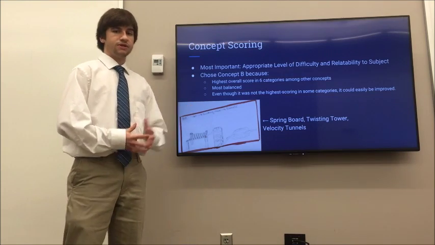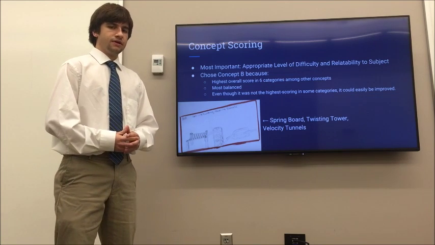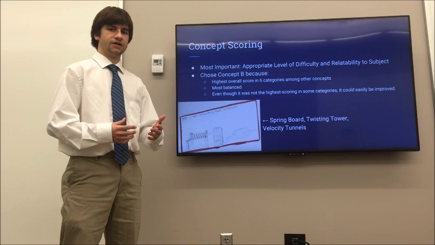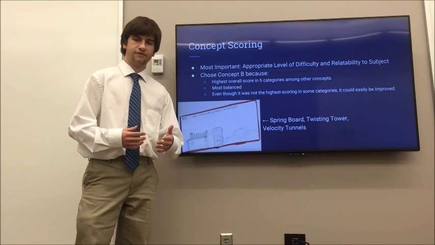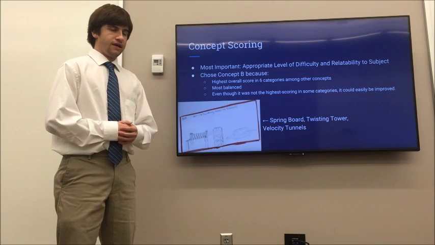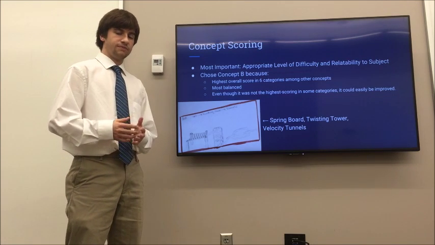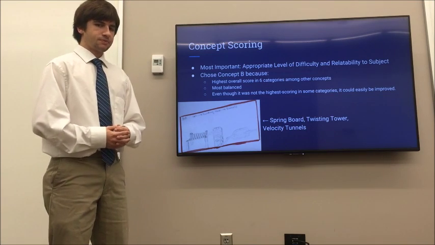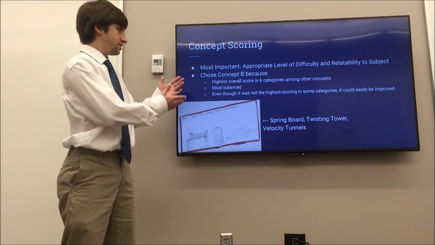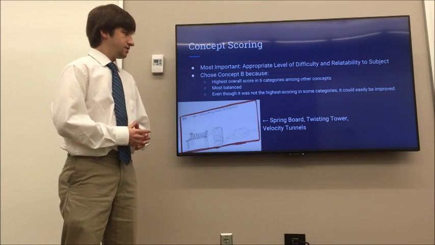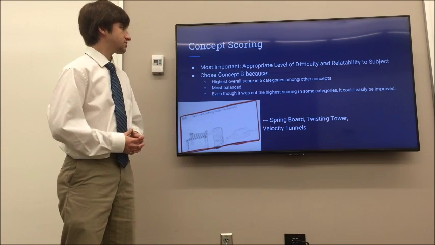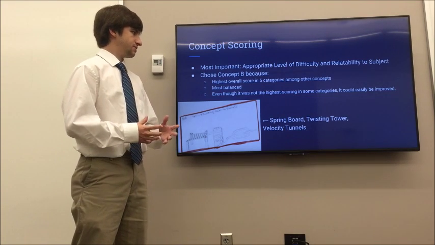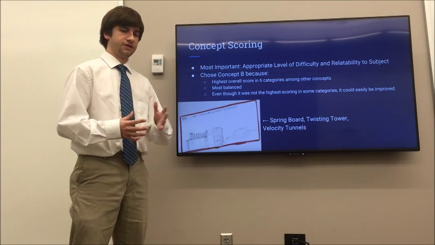For our concept scoring phase of the design, the most important aspects that we wanted for the BRG were that it was an appropriate level of difficulty for the grade level, and that it had relatability to the subjects of math and physics and such. So we chose concept B for 3 main reasons. One, that it had the highest overall score in our concept scoring chart. Also, it seemed the most balanced between the different aspects.